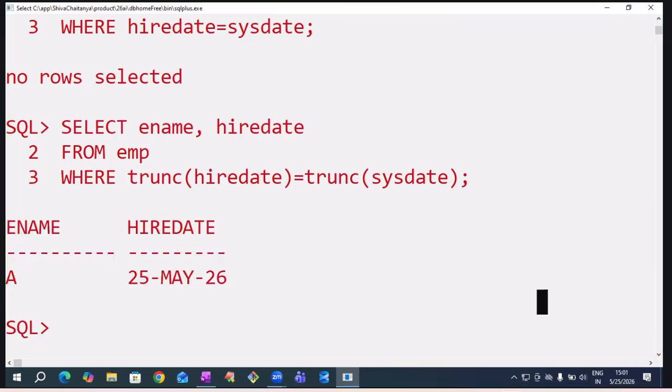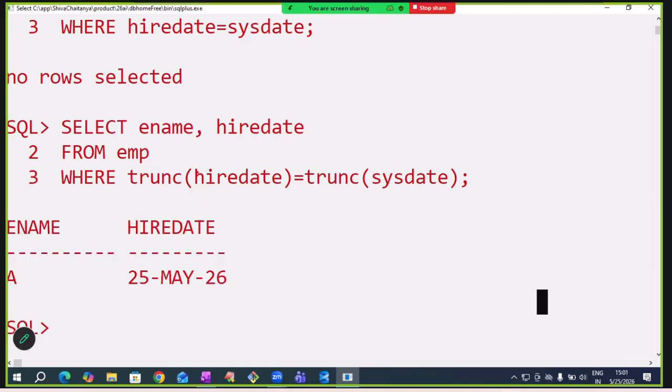What is happening here? Let me explain clearly. See here, hire date. What is the hire date value? 25 May 26. We inserted the record at 2:53. Sorry, there is a typing mistake here, sir.